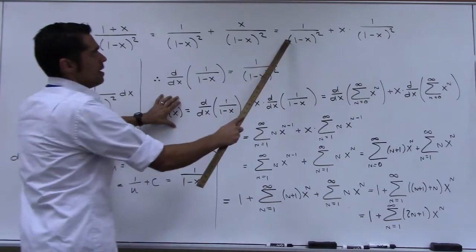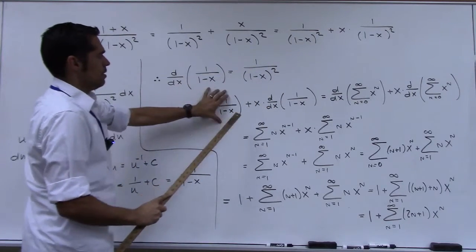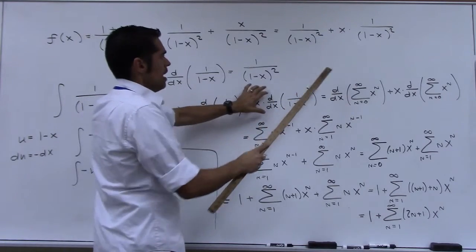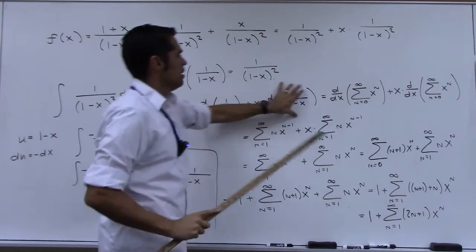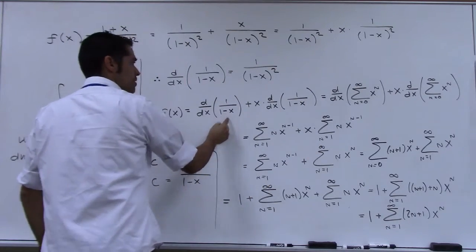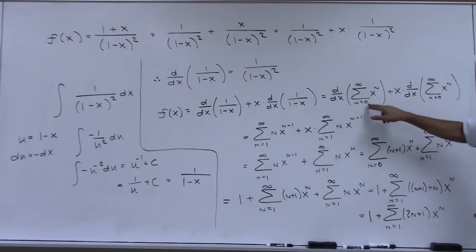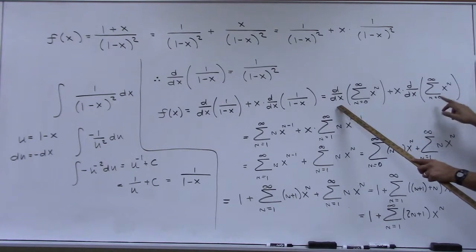Instead of writing this, I will write this, plus x times, and then instead of writing this, again, I'm going to write this right here. And now the 1 over 1 minus x and the 1 over 1 minus x, turn those into the power series here and here. And then at this point, I'm going to differentiate both of these.